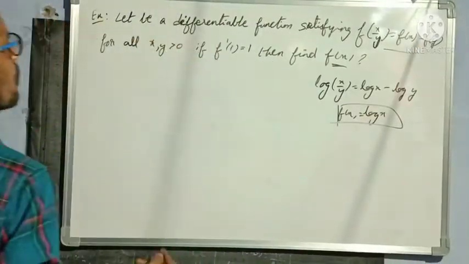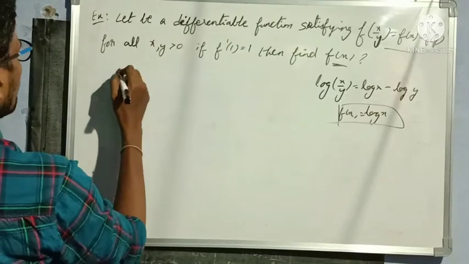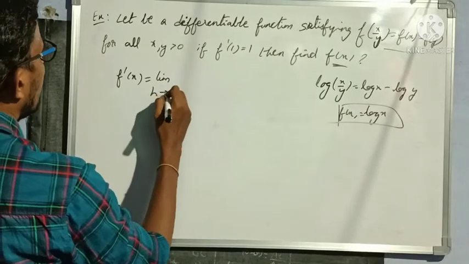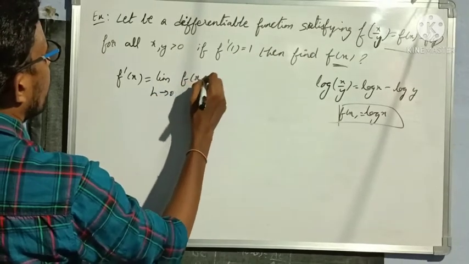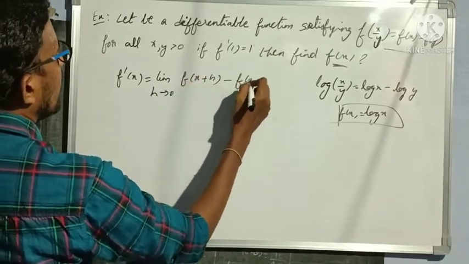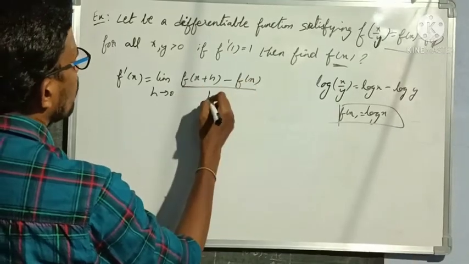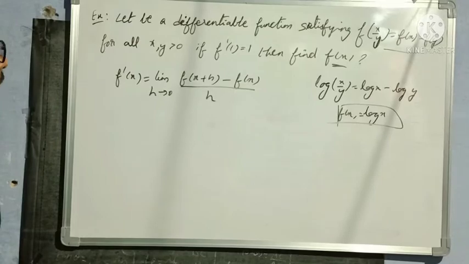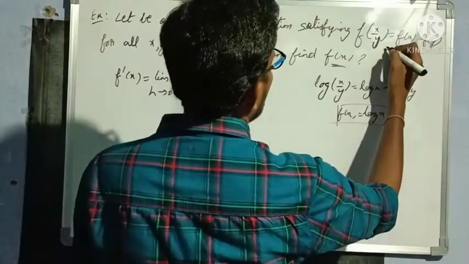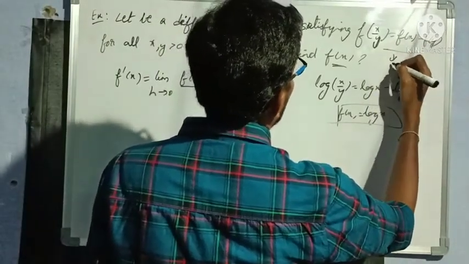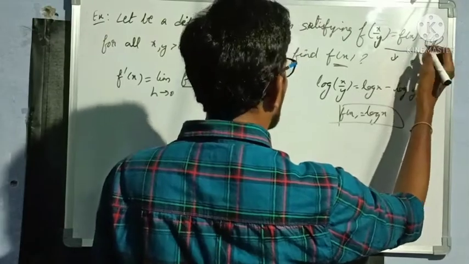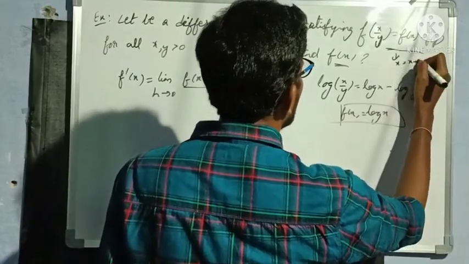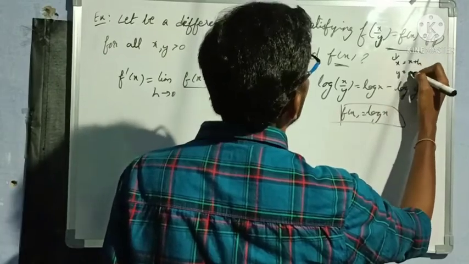But if you are not getting directly by seeing the question, then how? So first let us write our basic definition, that is f dash x is equal to limit h tends to 0 f of x plus h minus f of x by h. Okay. Now what we have to do means, in this functional equation, let us take x value as x plus h and y value as x.